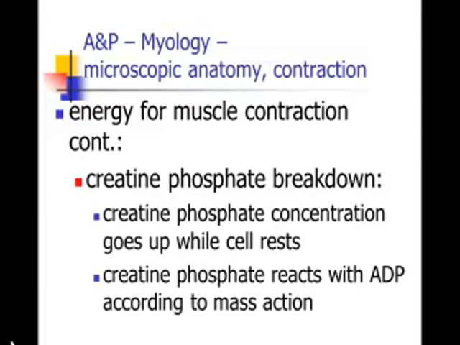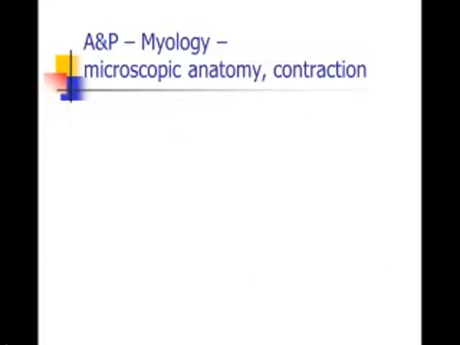Okay, and then if this is going on, the creatine phosphate concentration is going to decrease because it's being used up to release ATP. If the cell is resting, the creatine phosphate can increase by reacting. The creatine reacts with ADP through mass action, and you get new creatine phosphate. Okay.